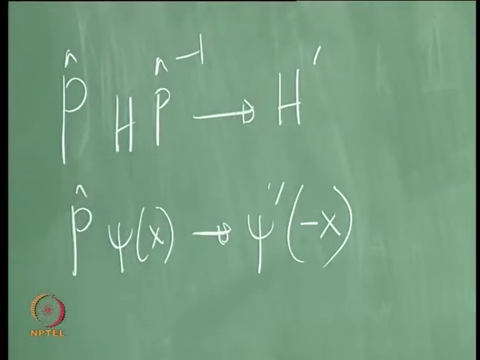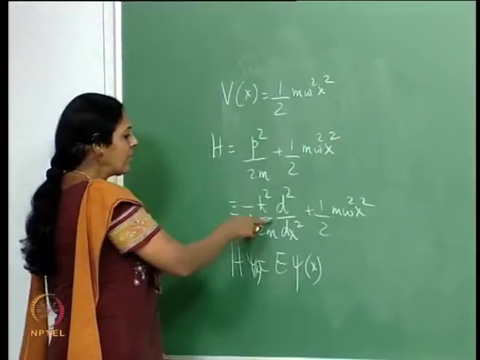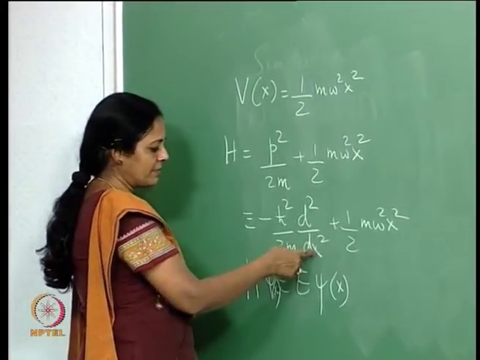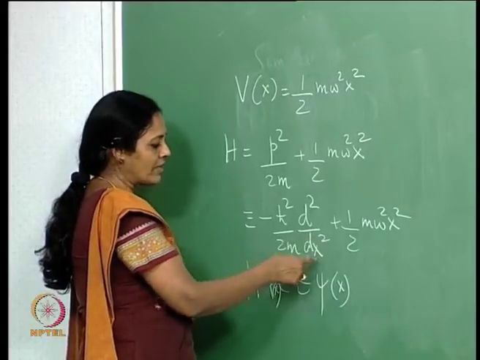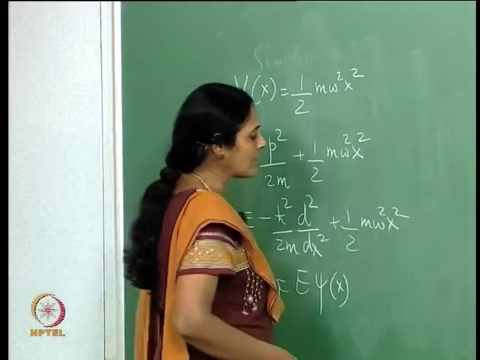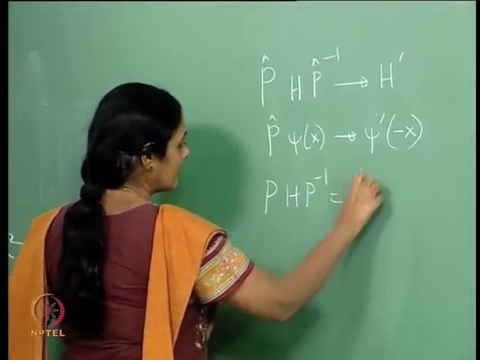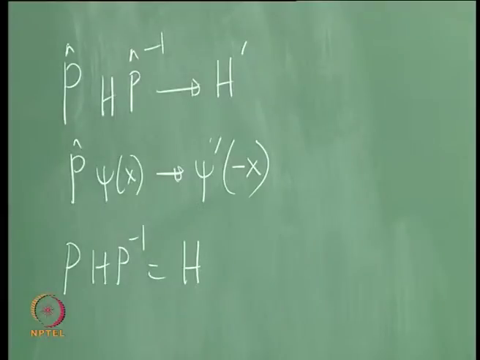However, here is a situation where P leaves h invariant, because when x goes to minus x, x squared is unchanged, dx squared, and similarly here x squared is unchanged, and therefore P h P inverse equals h.